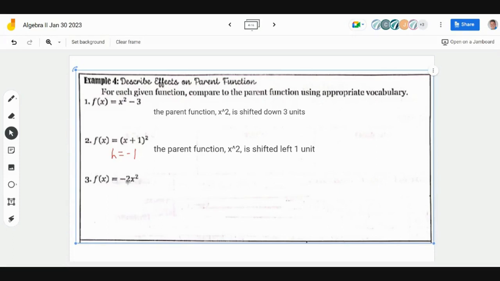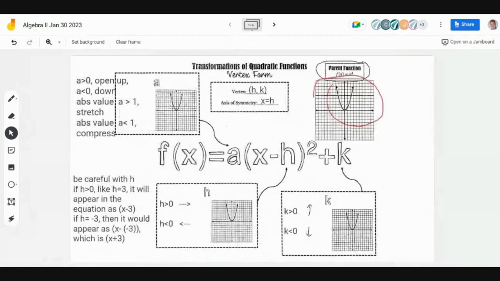Then we have -2 x squared. So this is the A. We've got two things going on. It's -2. So one thing, it's less than 0, so it's going down. But the absolute value is greater than 1, so it's a stretch.